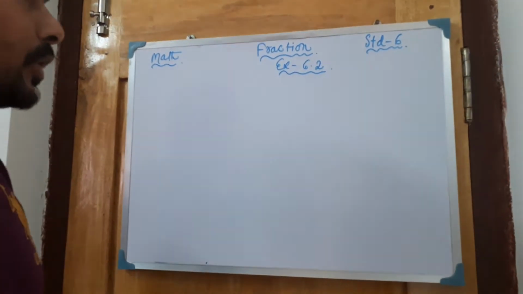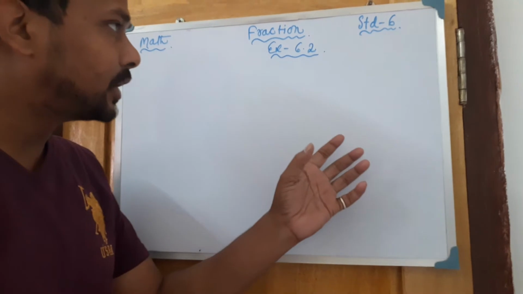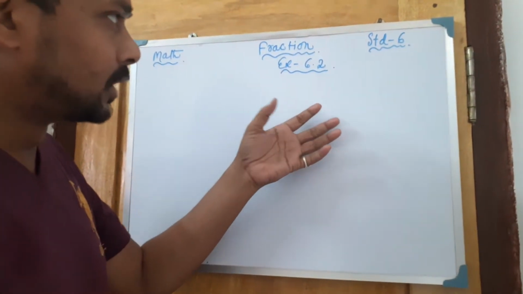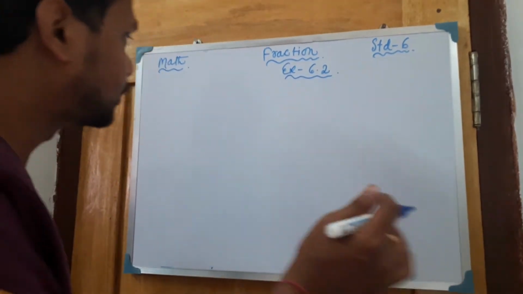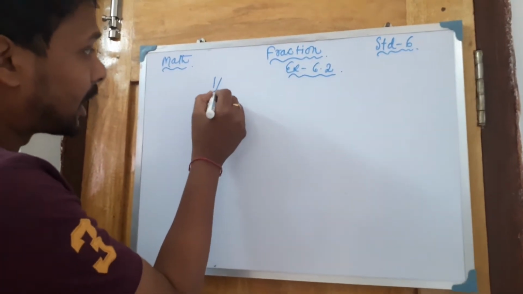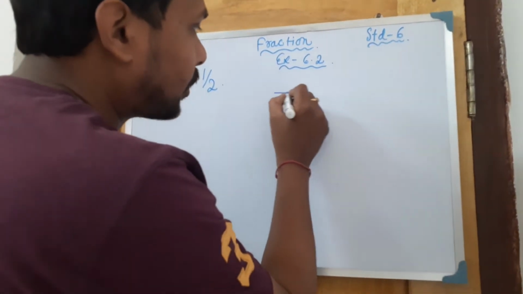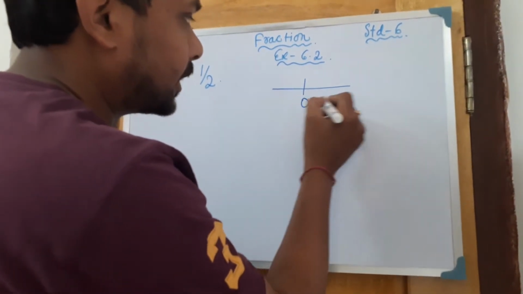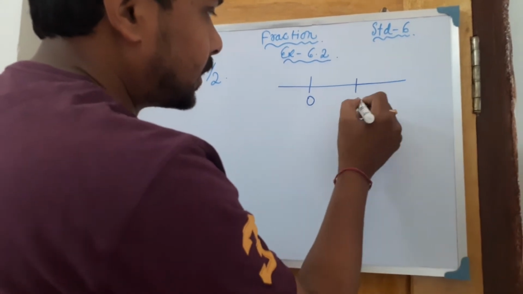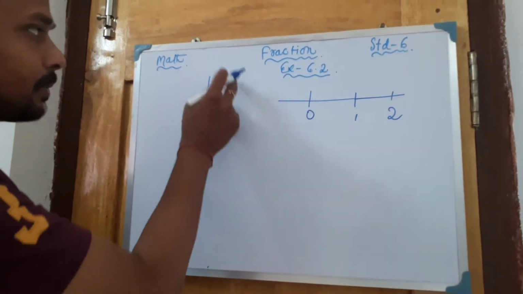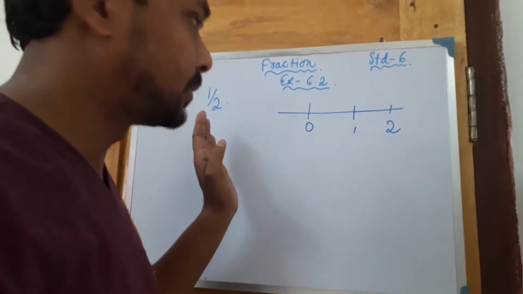Now in this exercise 6.2, what is actually present is that we have to place the fractions on the number line. Suppose a fraction is given to you like half. Okay, it's one type of fraction. On the number line, we all know that 0 is here, then 1 is present, then 2 is present here. The minus side is also there, but because we are dealing with plus, I'm not taking the minus portion here.